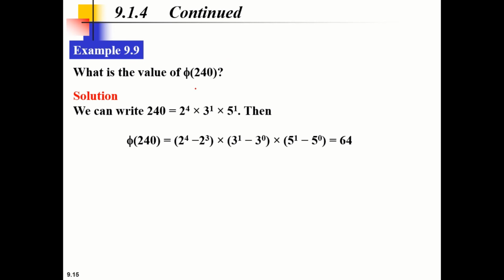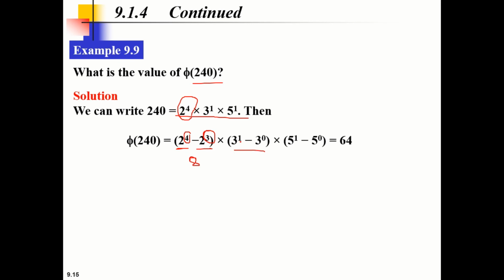Then we have next example which will show you the combination of the third and fourth rule. So 240 can be written as this factorization, okay, prime factorization this is. So we can write it as 2 raised to 4 minus वहां पे भी क्या था p raised to e minus p raised to e minus 1, right? तो यहाँ पे e की वैल्यू 4 है, so यहाँ पे e minus 1 यानी कि 3 हो जाएगी. So this will be 16 minus 8, तो 8 हो जाएगी इसकी वैल्यू.